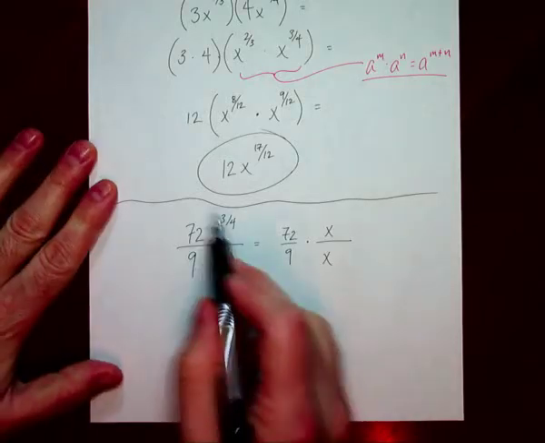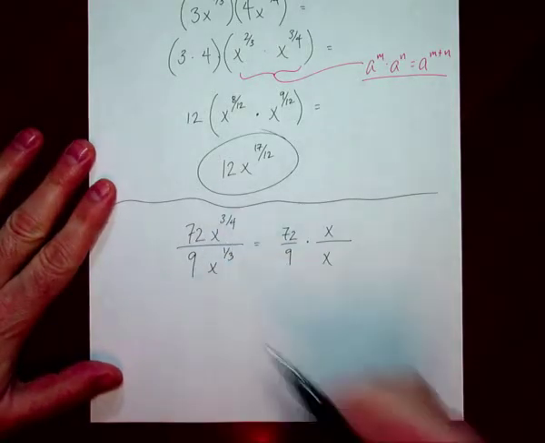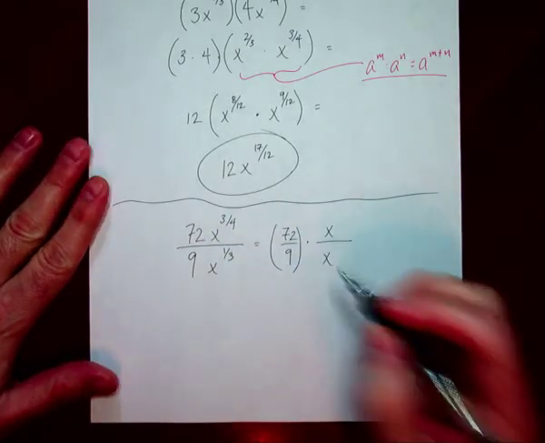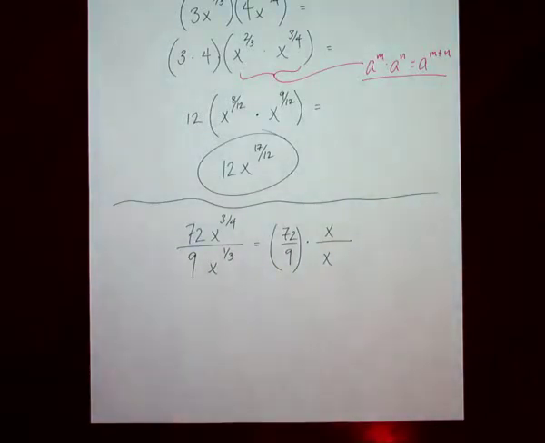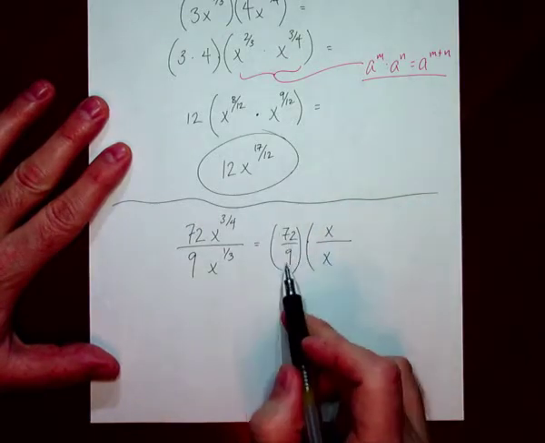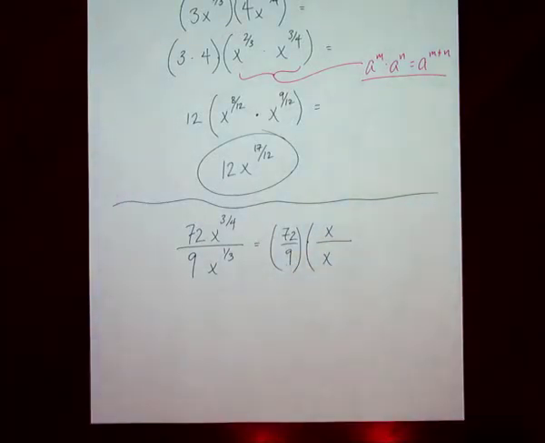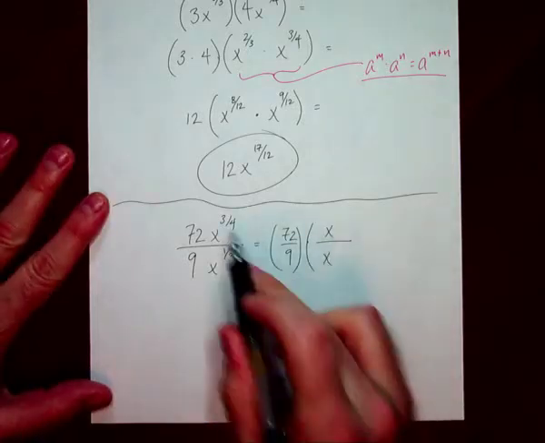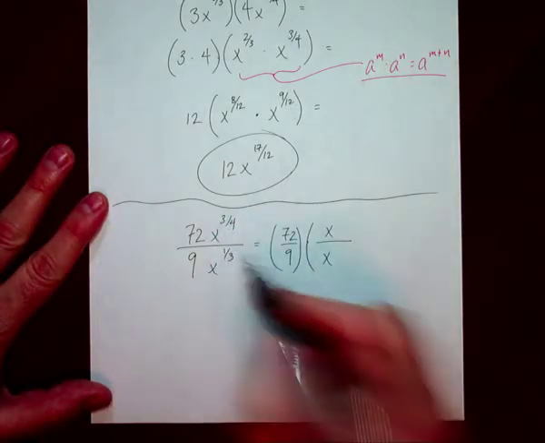And if the numbers right next to the variables cloud your vision and get really messy and you just can't concentrate, separate them out, okay? 72 over 9 can be pulled out as a separate factor from x to the 3/4 over x to the 1/3.